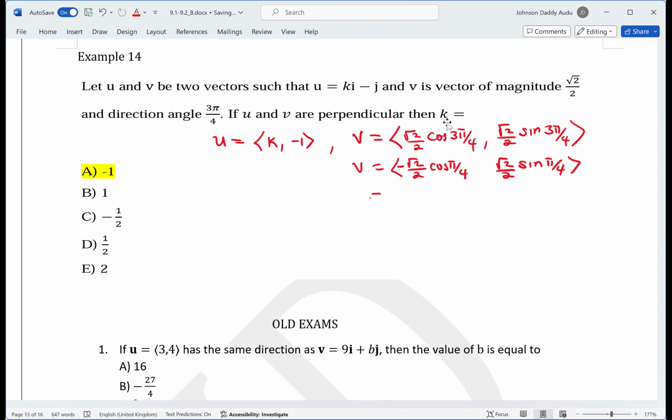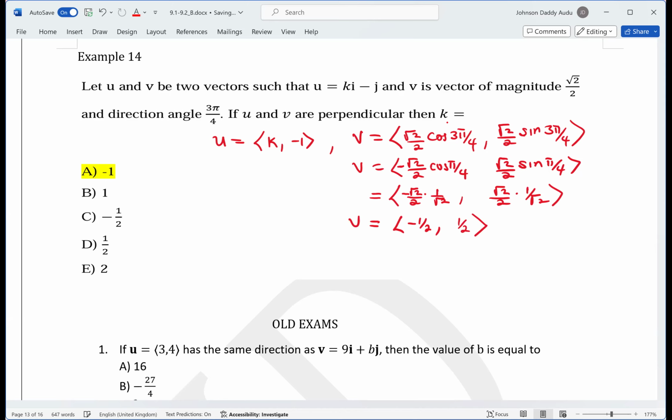So V is equal to minus root 2 over 2 times 1 over root 2 and root 2 over 2 times 1 over root 2. This is minus 1 over 2 and 1 over 2. So that is U and that is V.